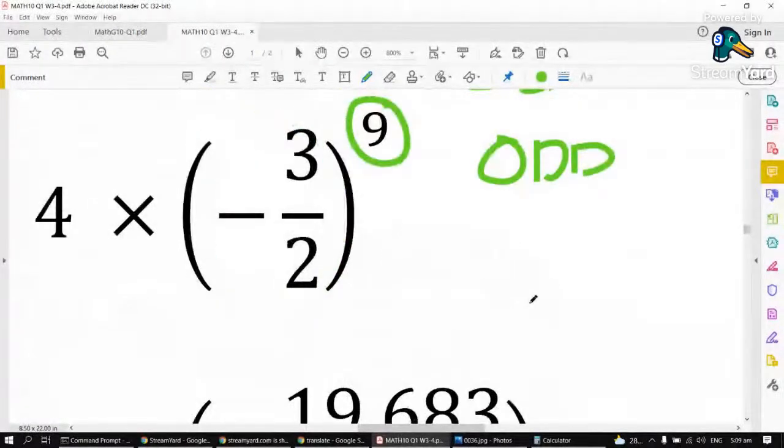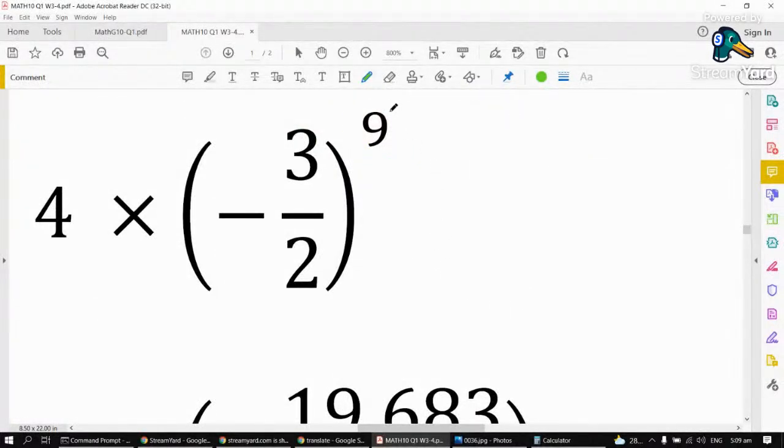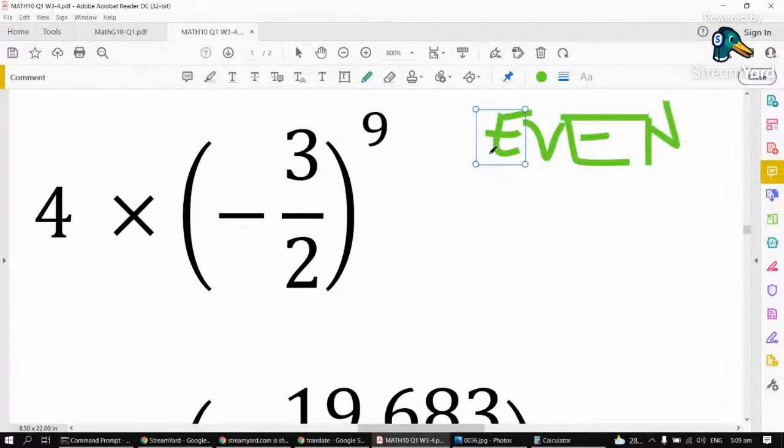Pero, kung ang ating exponent is even, for example, 12.